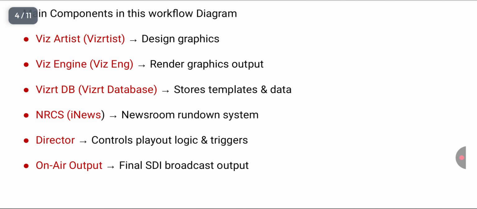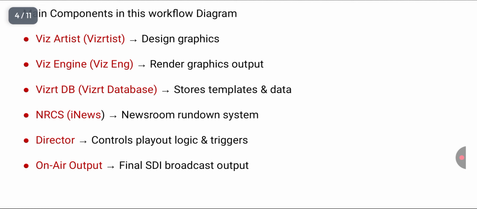So the main components in this workflow, what we have seen recently: Viz Artist is dedicated for design graphics. The second one is Viz Engine, which renders graphics output. Vizrt DB is the database that stores templates and data.